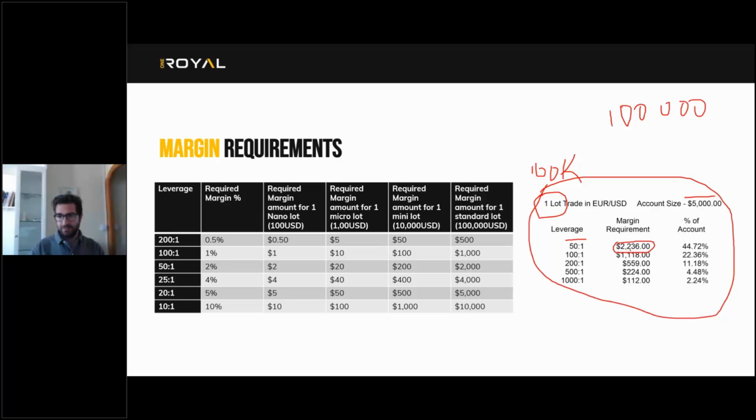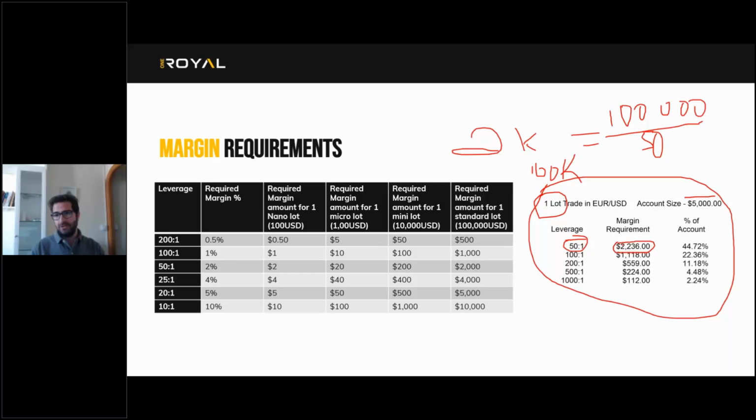You should deposit 2,236 to be able to trade 100K or 100,000. How did we come up with this number? What we did is divide 100,000, which is the lot that you would like to trade, by the leverage, which is 50. Then you will get here 2,000 or 2K, I will call it, but this is $2,000.